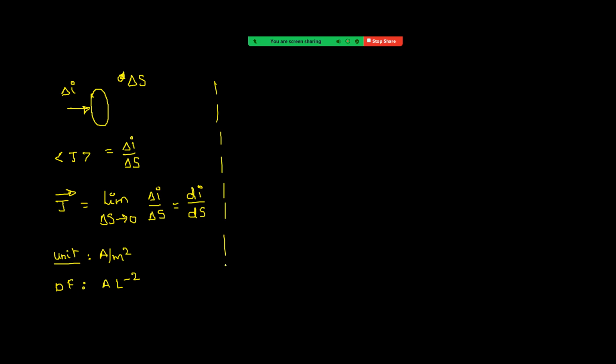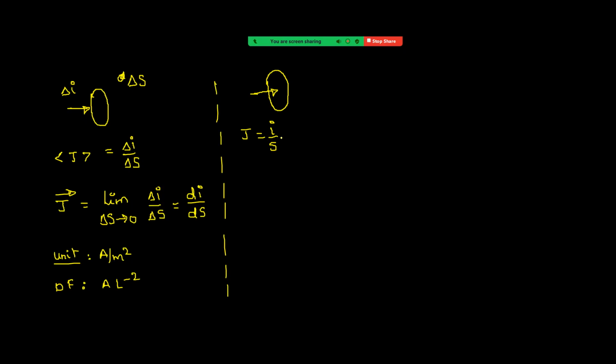For example, we are taking a cross section area and current is distributing uniformly on the entire cross section and normal to the cross section. Then we can write current density as current by the corresponding area.